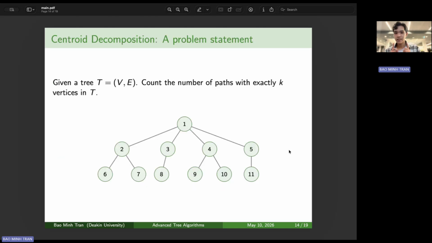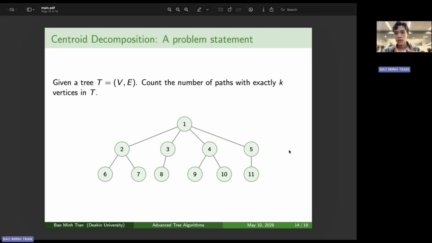Okay, lastly, centroid decomposition. Now we move to another problem. Previously we dealt with local queries like a subtree or a path, but now I'm interested in global queries over the whole tree. A very typical example is counting the number of paths subject to some constraint.